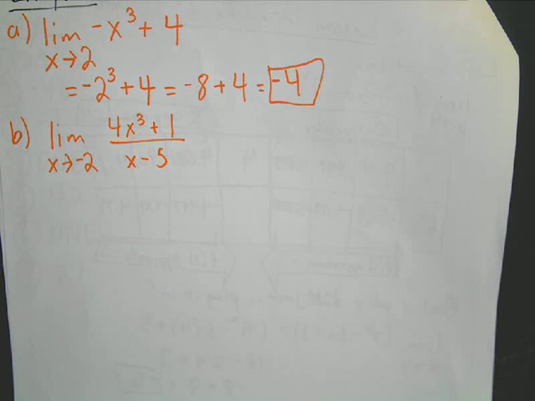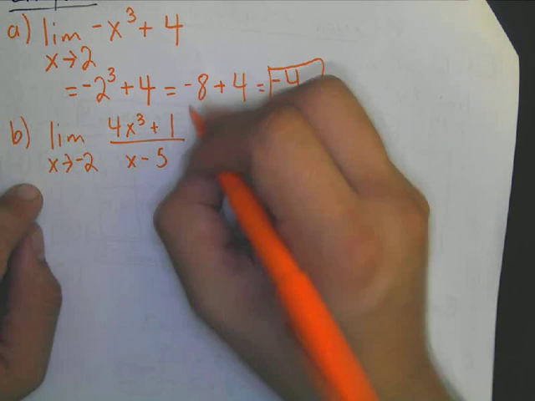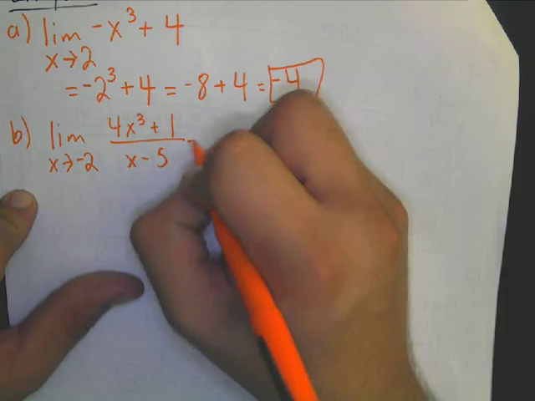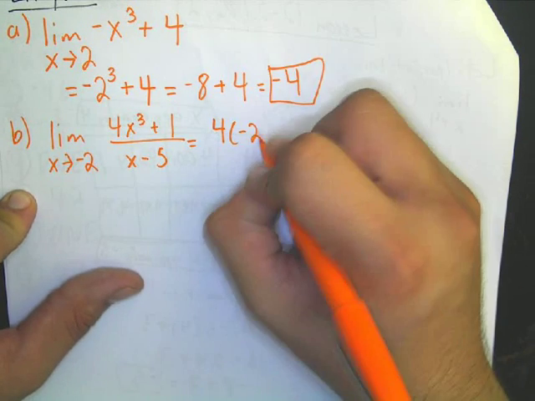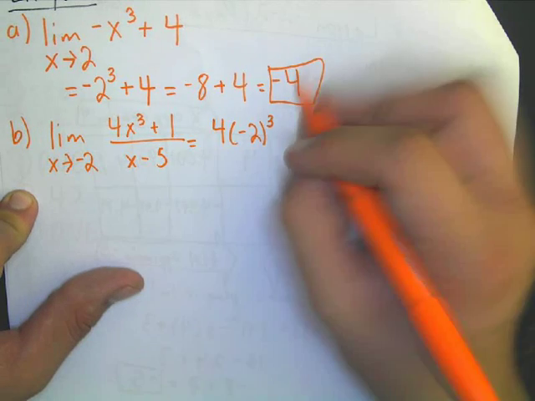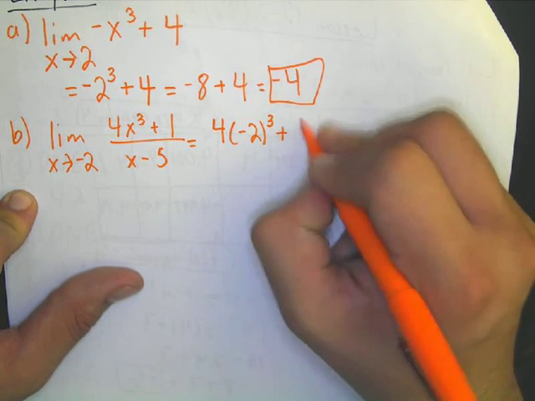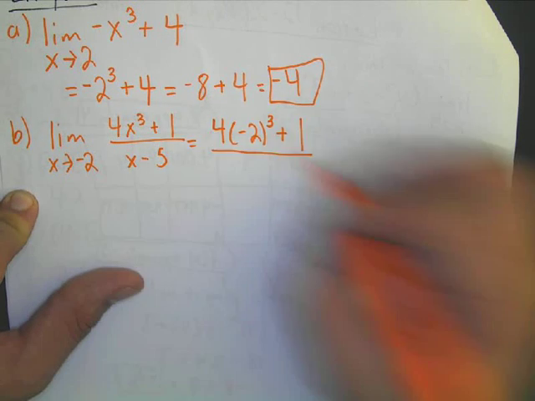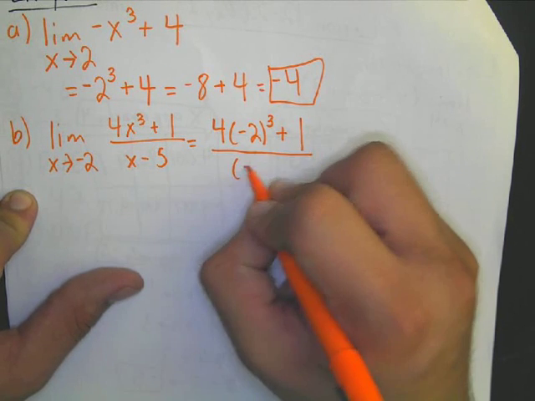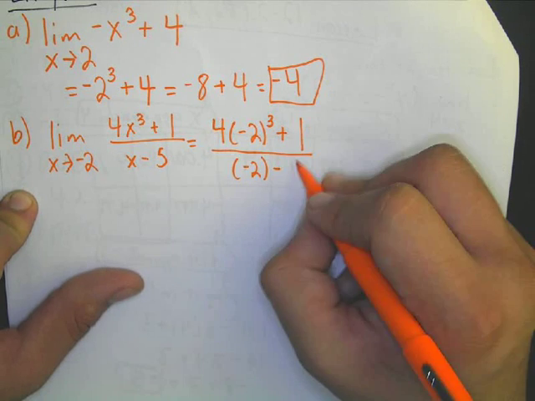We plug it in, so we're going to get 4 times negative 2 to the 3rd power plus 1, all over negative 2 minus 5.